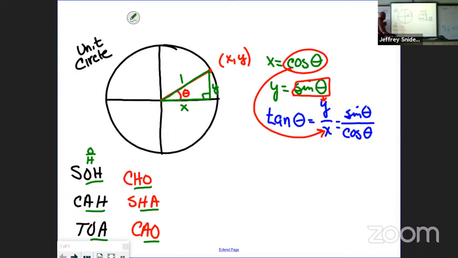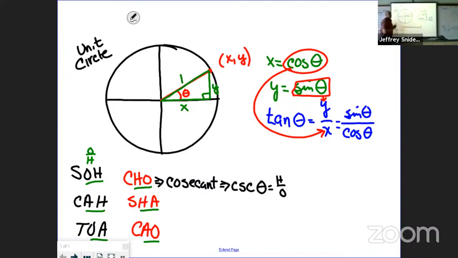So here we go. This first one right here is called the cosecant, abbreviated CSC. And the cosecant of an angle, I'm going to put an angle here, theta, would be hypotenuse over opposite.